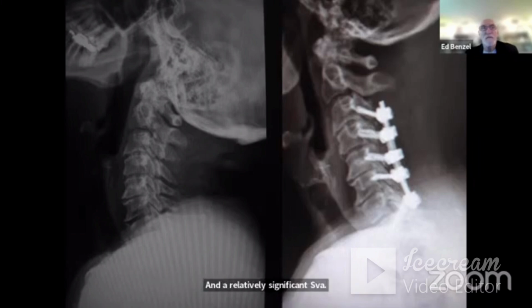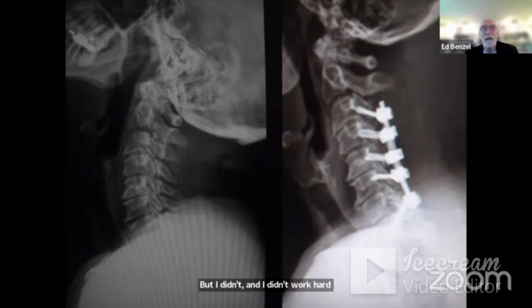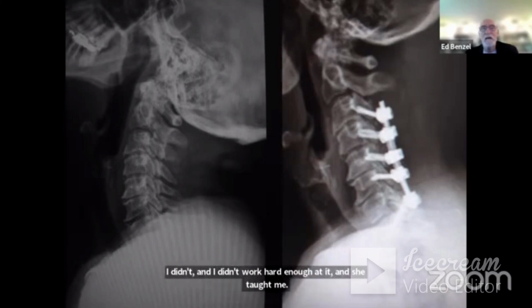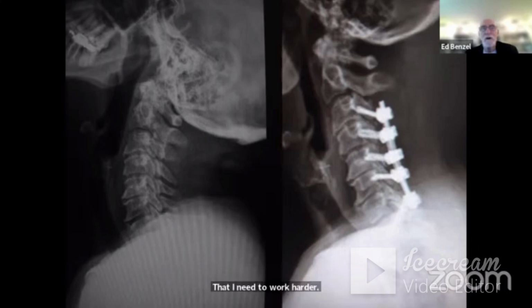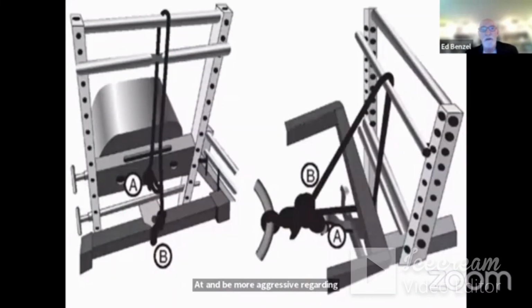And she has quite a bit of neck pain that I caused her to have. We obviously could have gotten her into this position because this is an extension x-ray, but I didn't, and I didn't work hard enough at it. She taught me that I need to work harder and be more aggressive regarding corrective intraoperative deformity.